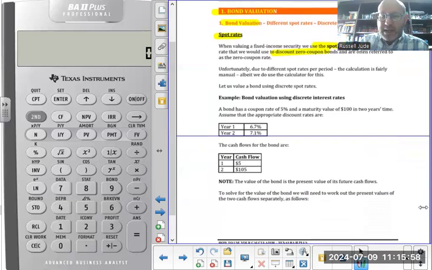I'm looking at bond valuation, and specifically over here at discrete interest rates. What's the difference? We've spoken about this in our previous videos. What is the difference between discrete and continuous interest rates? Discrete interest rates are interest rates at a particular point in time.